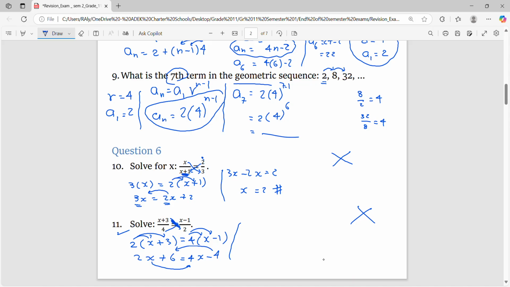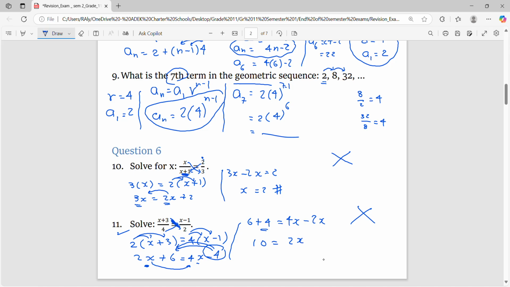So now 6 plus 4, this minus 4 goes to this side with plus, and 6 keeps its side without any change, and keep 4x in the right side without any change, and bring 2x to this side with minus, don't forget, because it was plus 2x in this side. Now this equals 4x minus 2x is 2x.